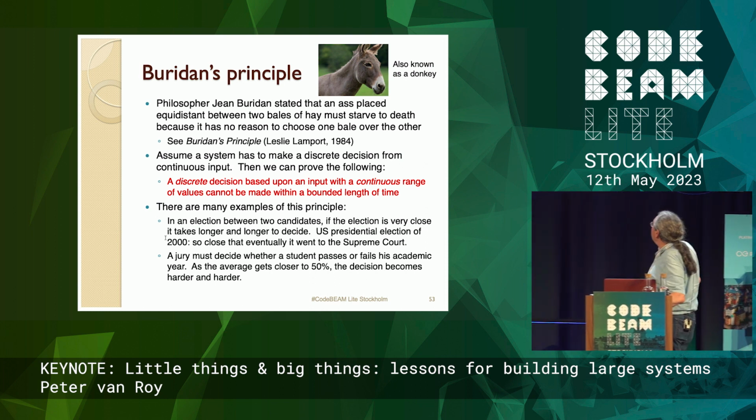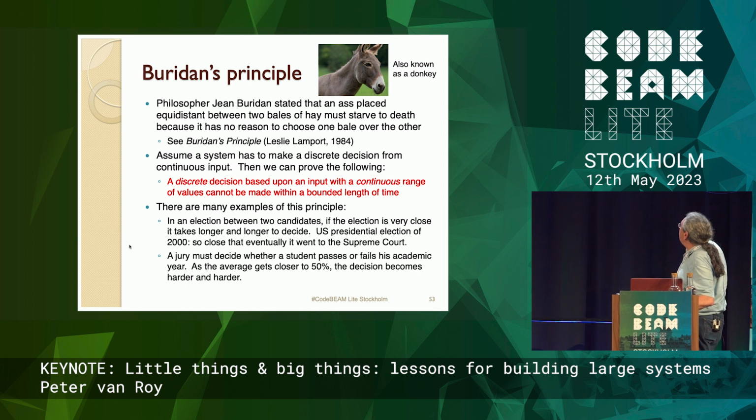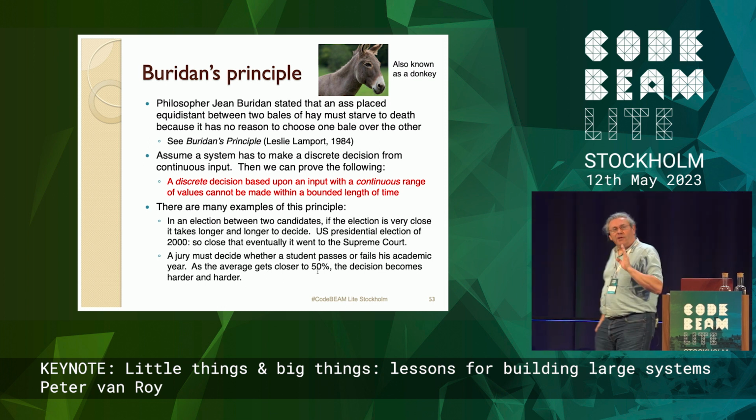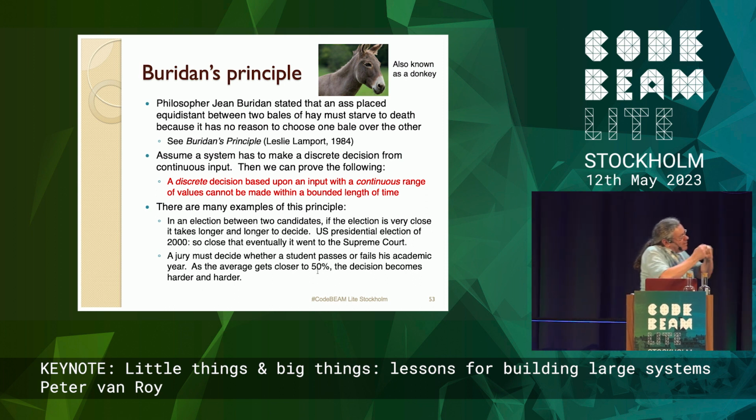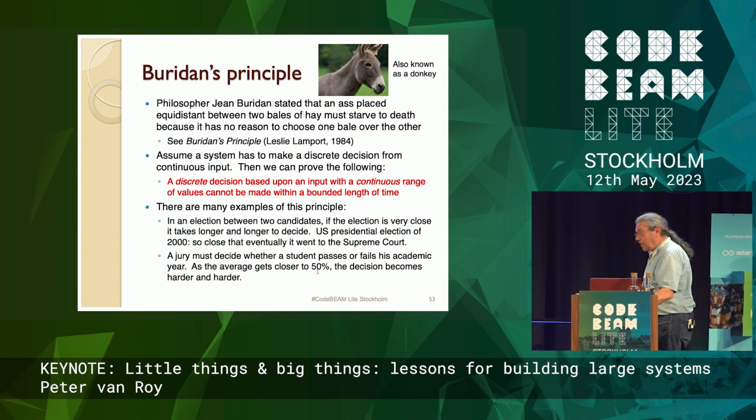And it took really long. But an example that I know very well: a jury decides whether a student passes or fails. Okay, so the student is very close to the edge, but does he go over it or not, okay? And all the professors talk, does he really fail this course by a lot or not, etc. It becomes harder and harder.